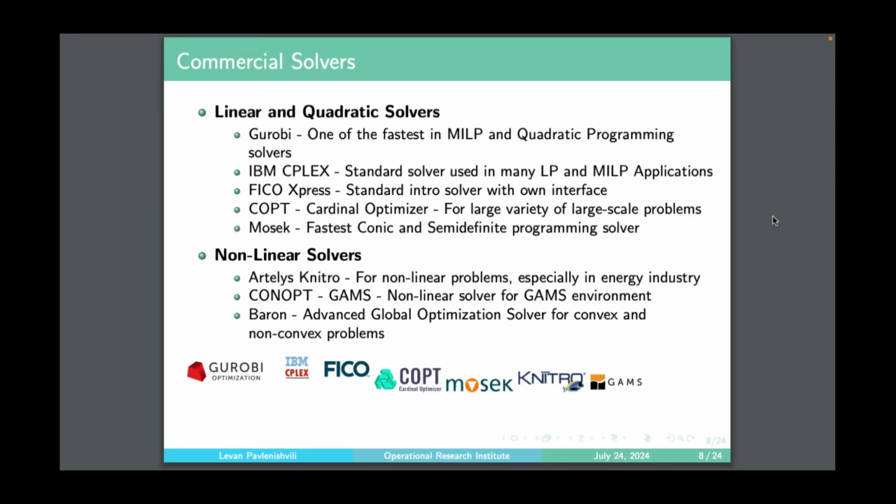One of the most fascinating things about optimization in general, in my opinion, is how little we can actually solve to an exact solution. Most of the problems are not solved with perfect optimality, right?